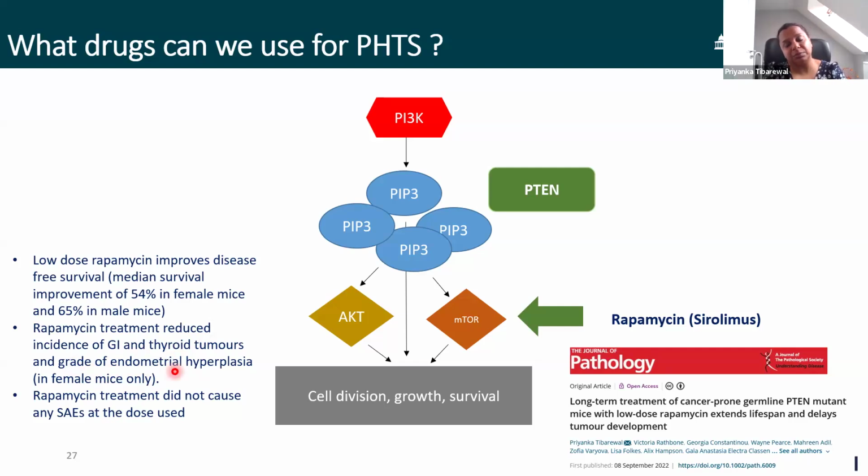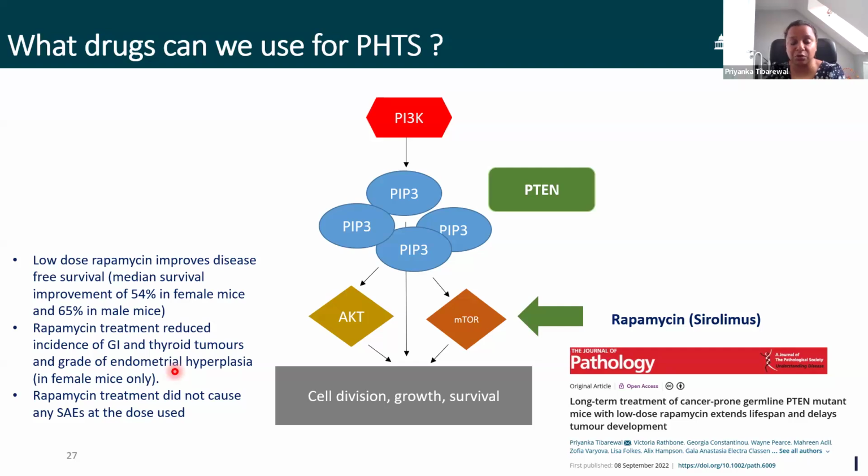And rapamycin treatment is normally known to be associated with side effects. Patients who are on long-term rapamycin can have GI issues, like common chemotherapeutic effects, such as diarrhea and nausea and vomiting. You will not believe this, but our mice can also get diarrhea, and they can get very, very sick if they have these side effects.